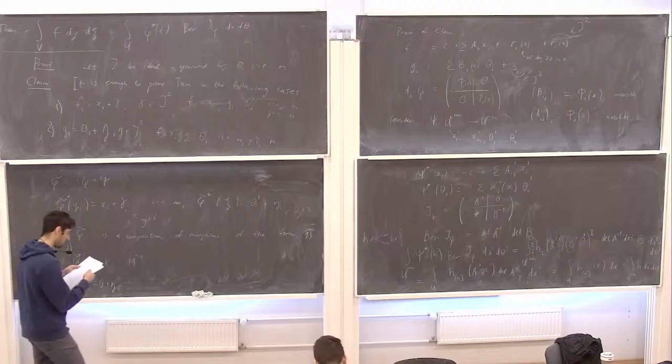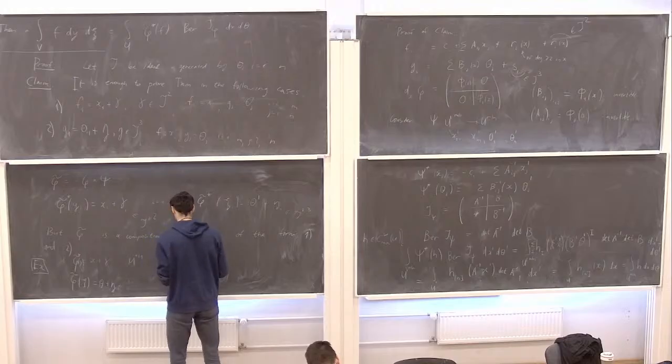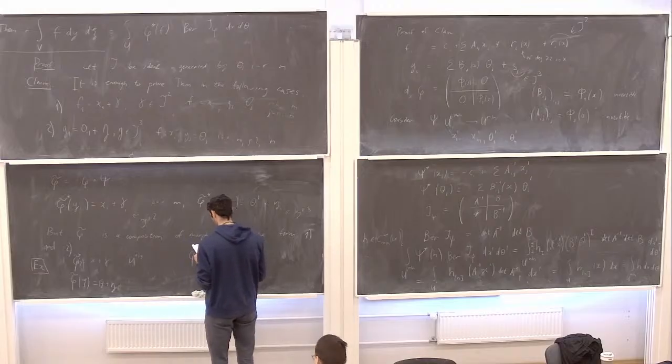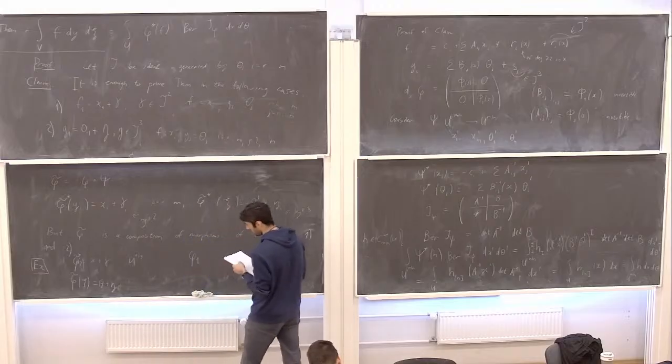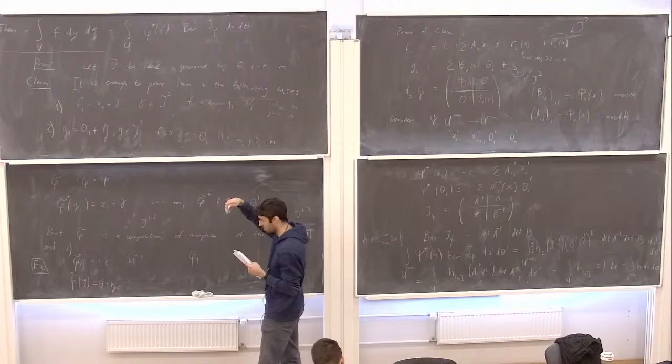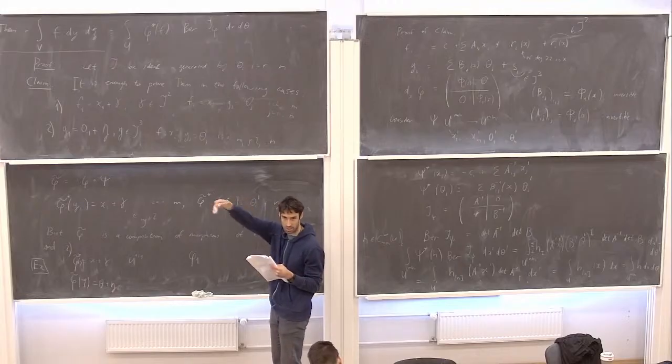Well, I would like phi 1. I will have one additional set of variables that I again denote by primes, since I break this into morphisms.